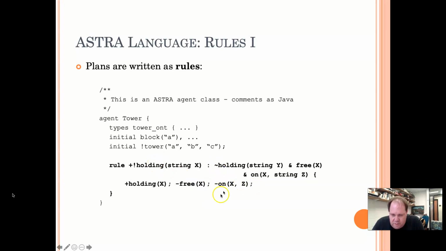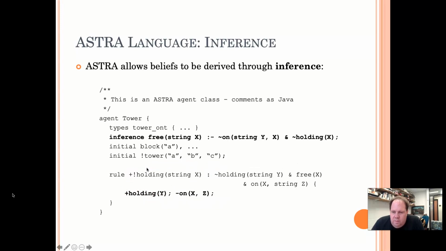Okay, so this is like the rules that we've done in the last couple of weeks. You can introduce inference rules like we did within the modeling scenarios we've done before. So you use the inference keyword to define an inference rule, and the left hand side follows from the right hand side.